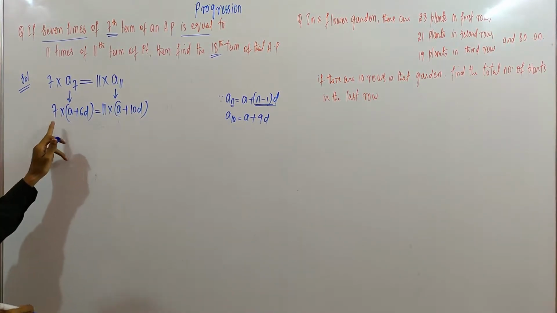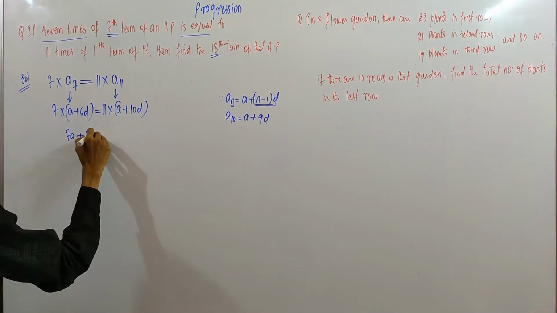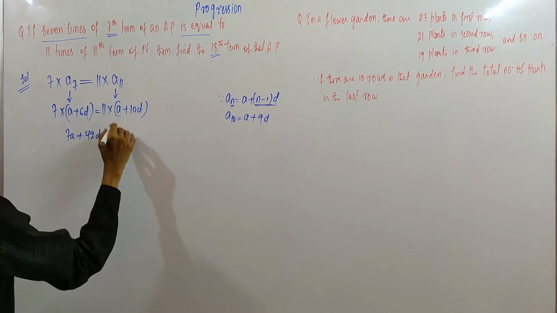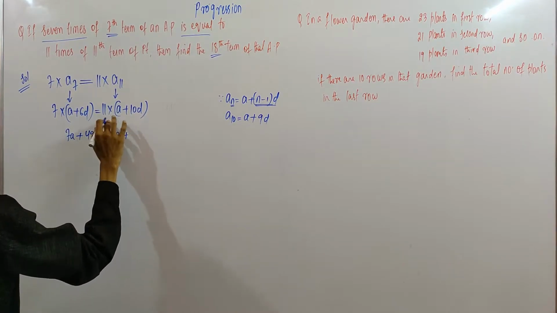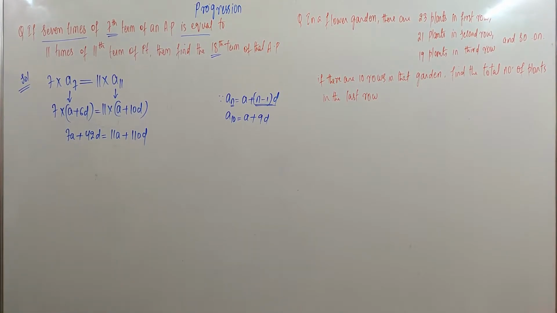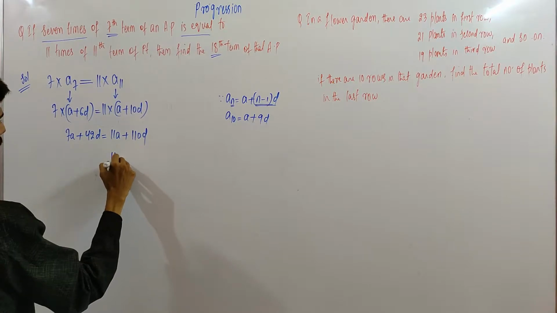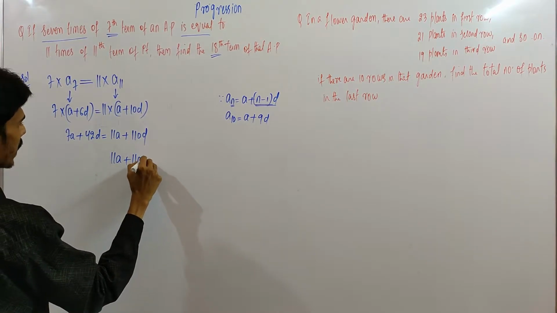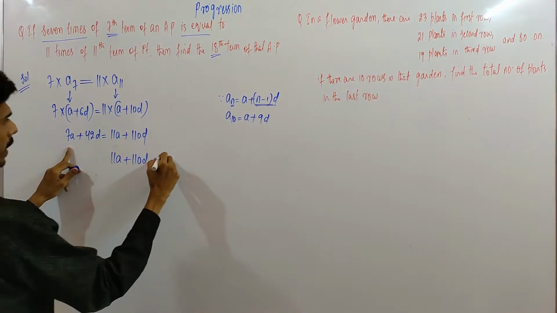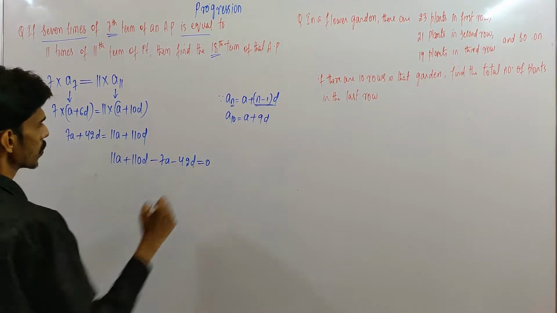Now multiply 7 into a, we have 7a, 7 sixes are 42, d is equal to 11 into a, we have 11a plus 11 into 10, we have 110d. Now send these two terms to that side: we have 11a plus 110d minus 7a minus 42d is equal to 0.